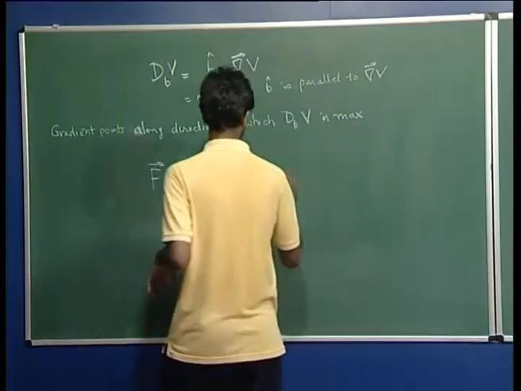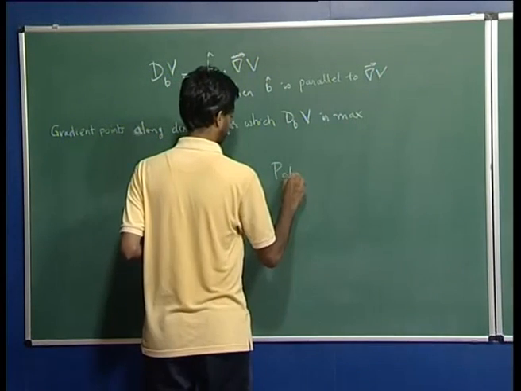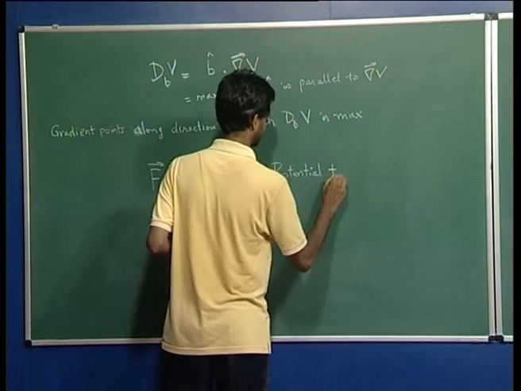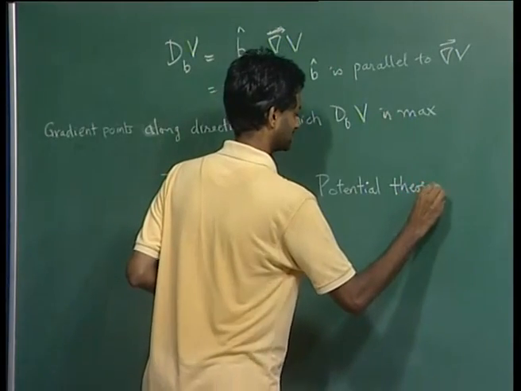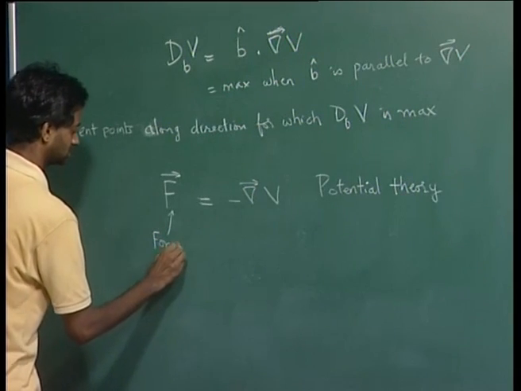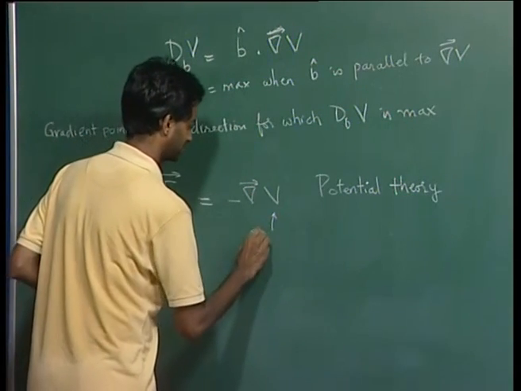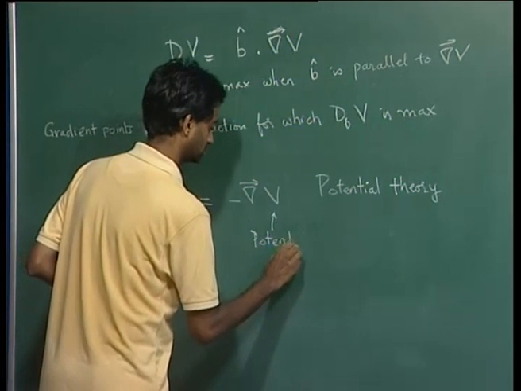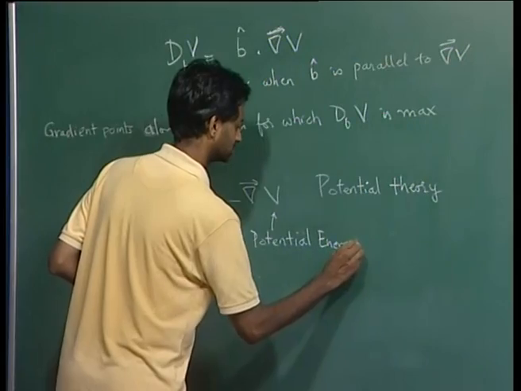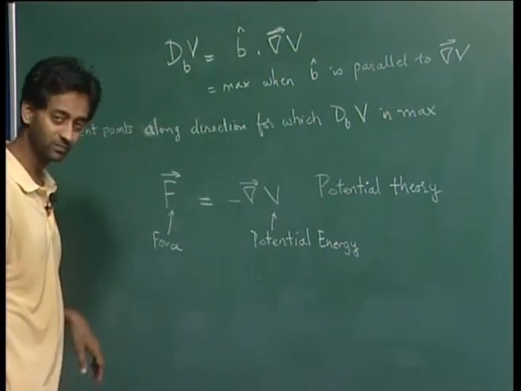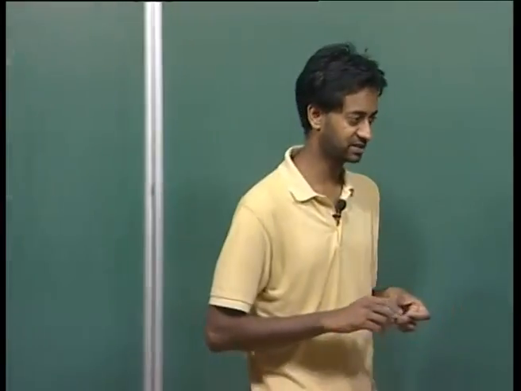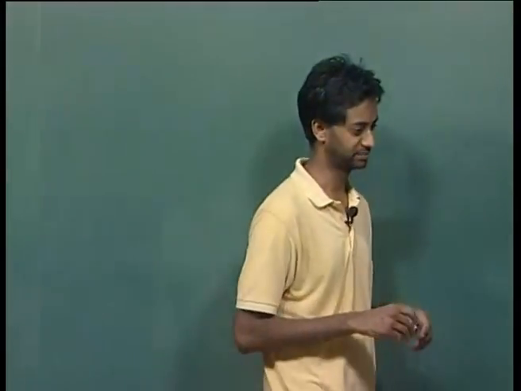So this is the topic of potential theory, which we will come back to when we are discussing the applications of the gradient operator. So, in this case, this is force, this is potential energy. Okay. So, this is one application of gradients that you will encounter many times.